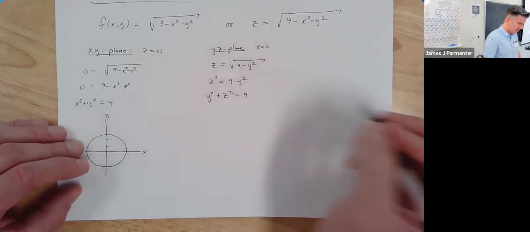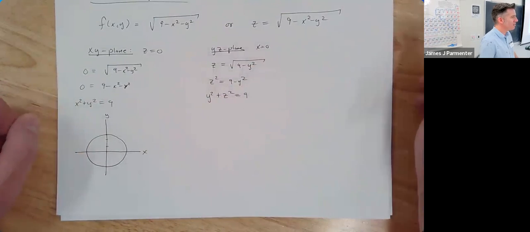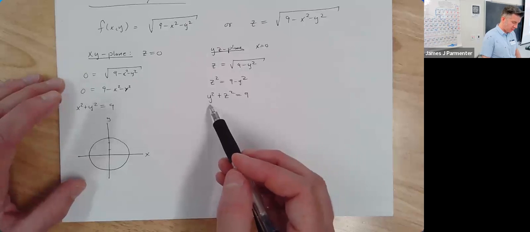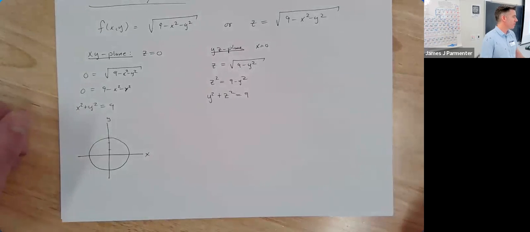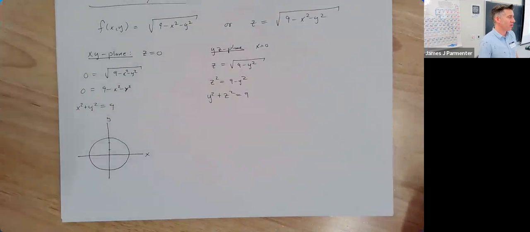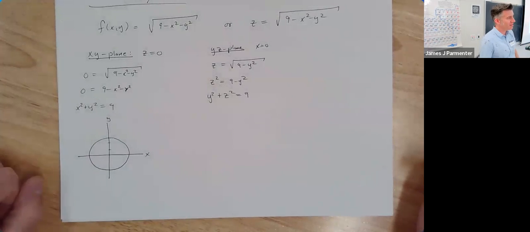Okay, this is kind of a tricky question I'm about to ask, but I'll ask it anyway. What kind of graph does y squared plus z squared equal to 9 have? Well, let me ask you all, what kind of graph did x squared plus y squared equal to 9 have? It's a circle. Top half though. It is still a circle, but why is it the top half?